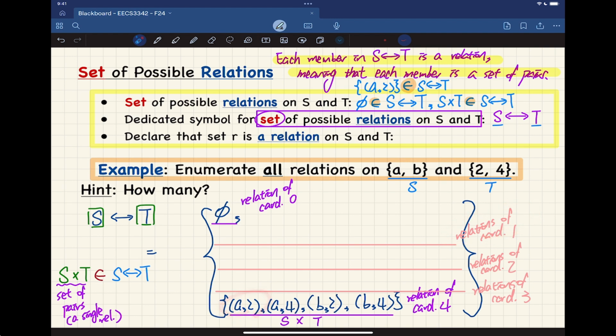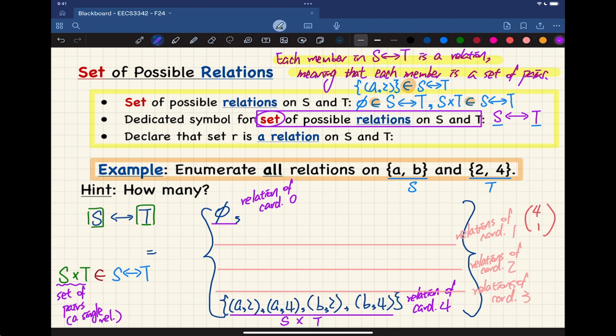Or we can choose this one here, or this one, or this one. Now, how many choices are there? 4 choose 1, basically. Out of the 4 members in the maximum relation, we choose 1 and make it a relation separately. So this one here is going to correspond to 4 choose 1.